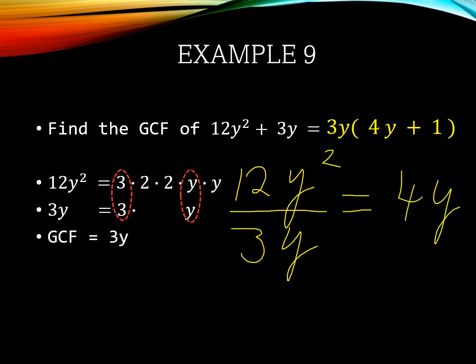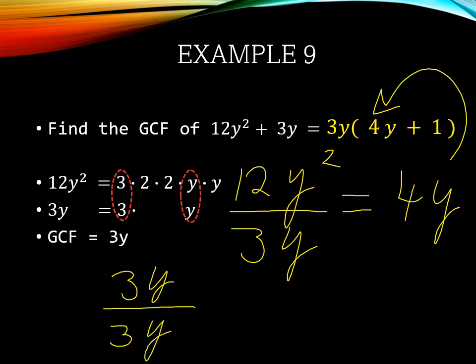And that's where the 4y came from. Then 3y divided by 3y, that's 1. And that's where the 1 came from.